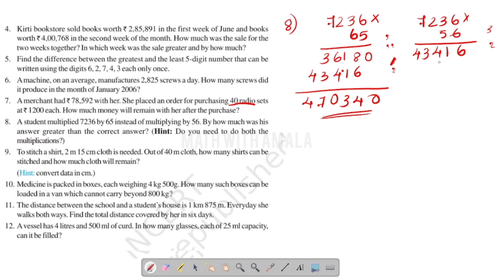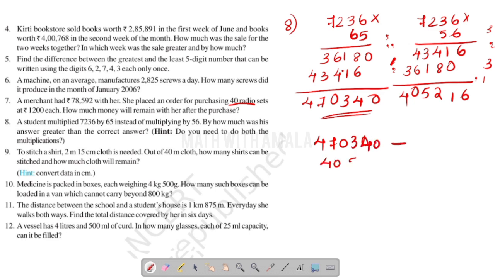Then multiplying with 56, you get 4,05,216 as the next number after the actual multiplication.